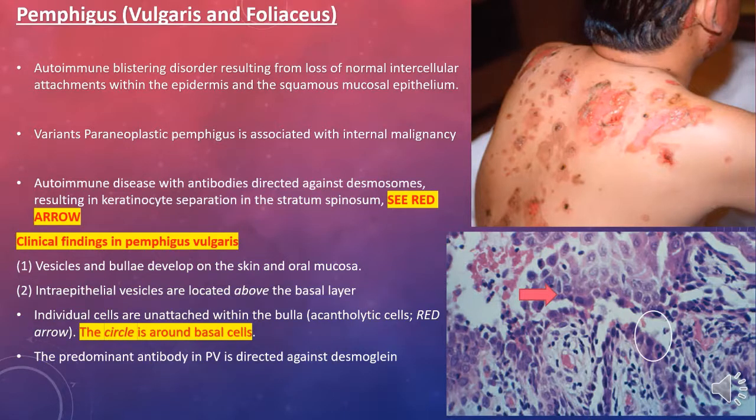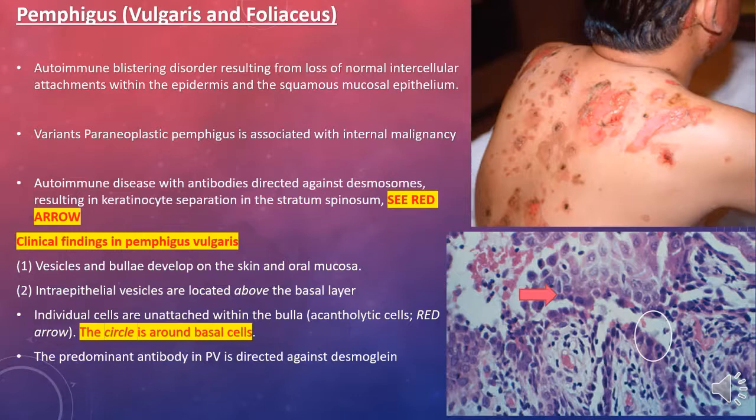It's against the surface of keratinocytes, and the predominant antibodies are directed against desmoglein, the area involved in the cohesion of the keratinocytes. So the antibodies against the desmoglein damage it, and the cellular cohesion is disrupted.